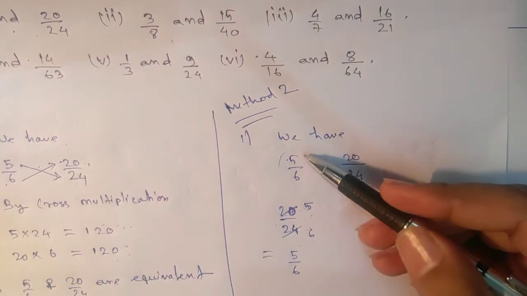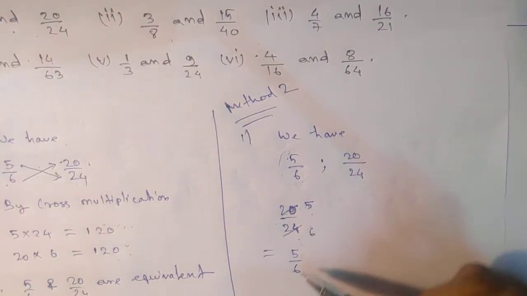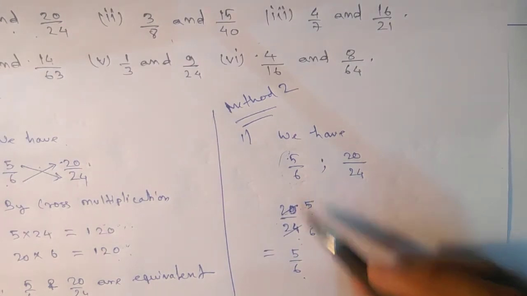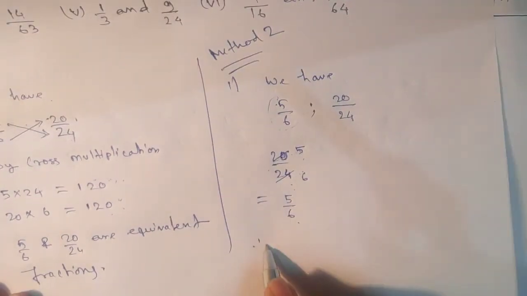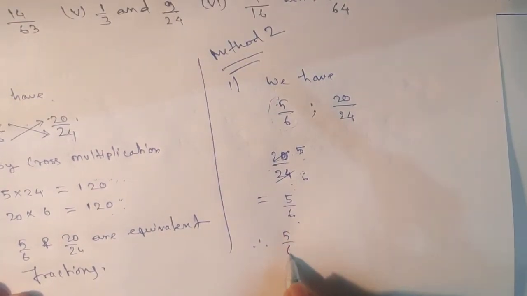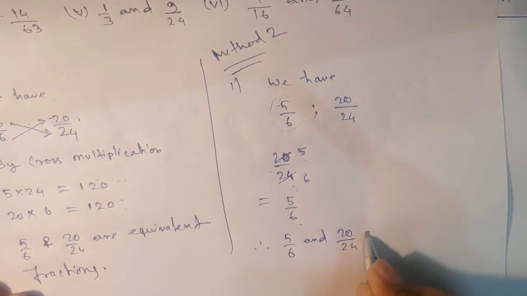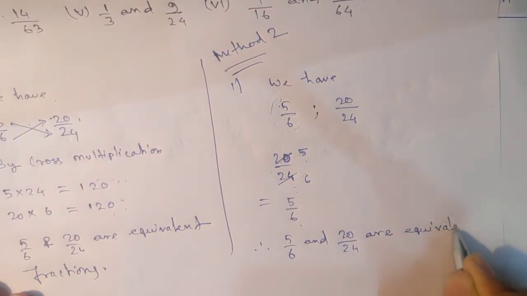Look here, this is your 5 by 6, and 20 by 24 will give you 5 by 6. That means you can see that these two are equivalent fractions. Therefore you can say that 5 by 6 and 20 by 24 are equivalent fractions.